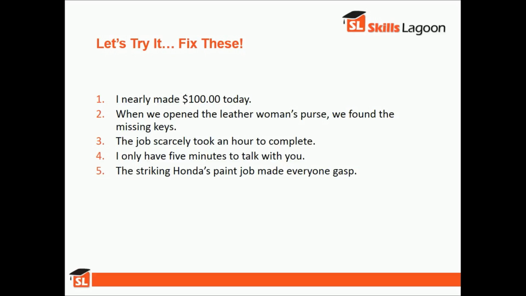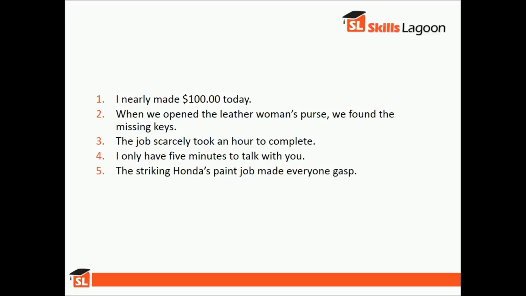The next one is a drill, and let's have a look at it. "I nearly made $100 today." You have to look at it and see how this is. Let's have a look at these incorrect sentences in which the modifiers are incorrect, and that is rendering them ambiguous, to say the least.